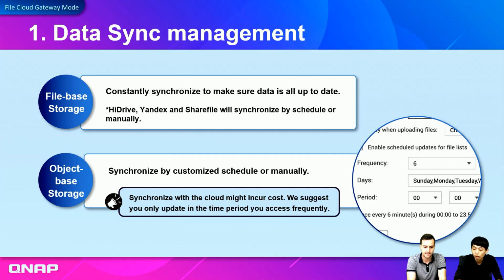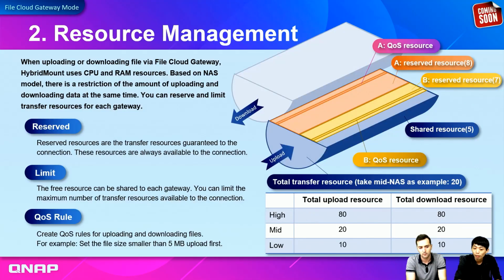For object storage, we have a schedule to sync, because every metadata sync is a request, and the cloud provider will charge you for this request. So we let the user set the schedule themselves. For example, we suggest you only update during the time period when you access the cloud frequently, to reduce the cost.